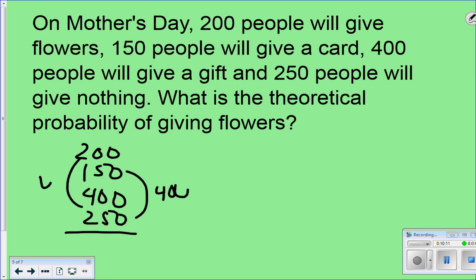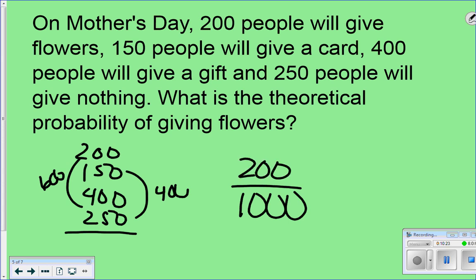And this is 600. So how many people do I have here? I have 1,000 people. How many of these are going to give flowers? 200. Can I reduce this? By a lot. 1/5. So 20% of people are going to give flowers.